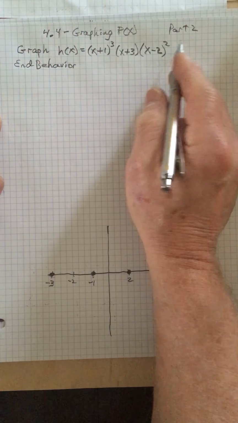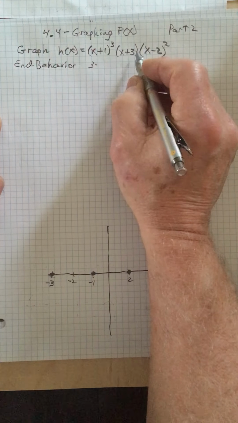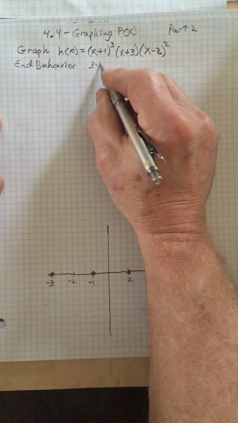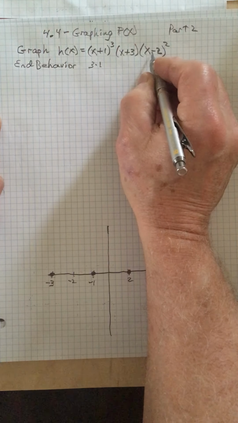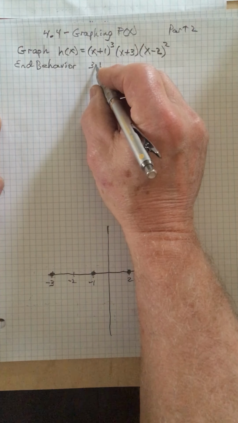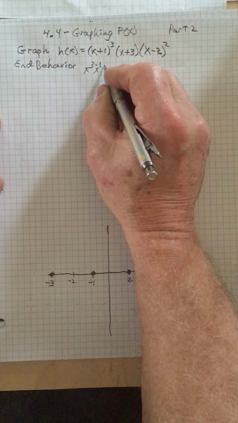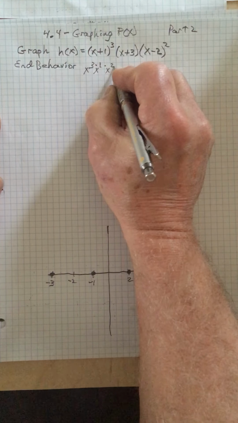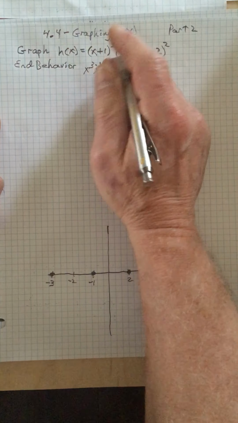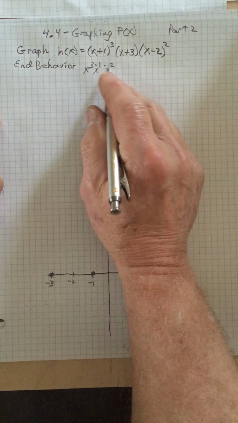If I multiplied all of these out, this would be x cubed, this would be just x to the first, and this would be x squared. When all of this gets multiplied out, remember that when you multiply a base times the x and you have exponents, the rule is you add the exponents.